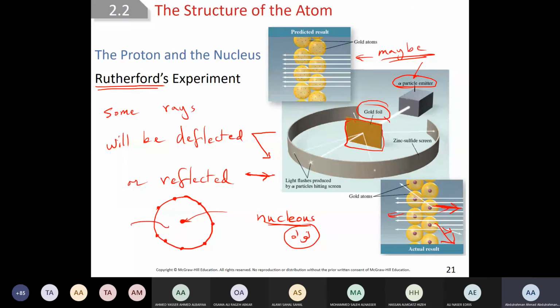What's inside? Empty space. Exactly. This is the discovery of Rutherford. All right. Is it clear?